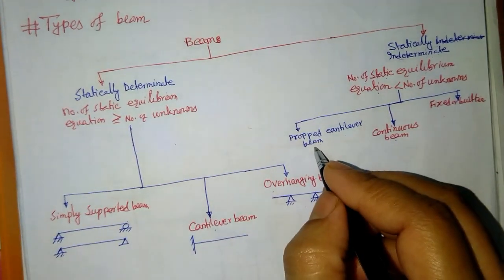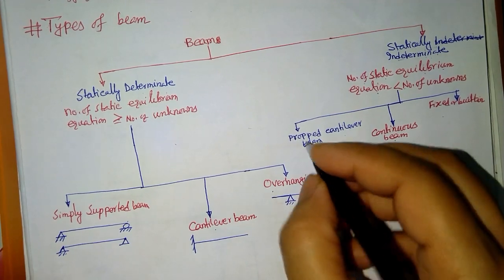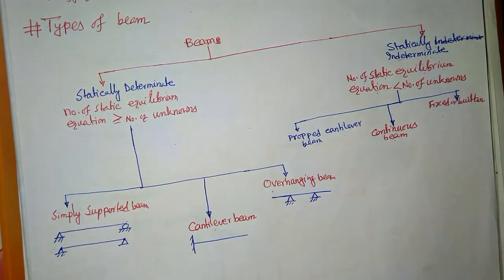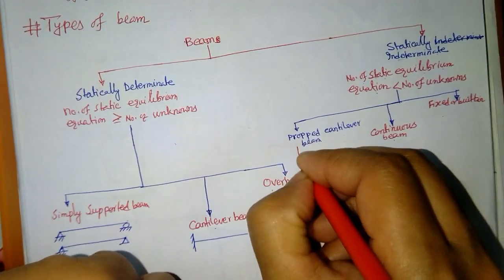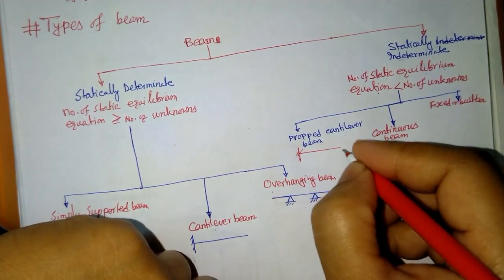Then we have the propped cantilever beam. We have already seen the cantilever beam, so let's draw it.